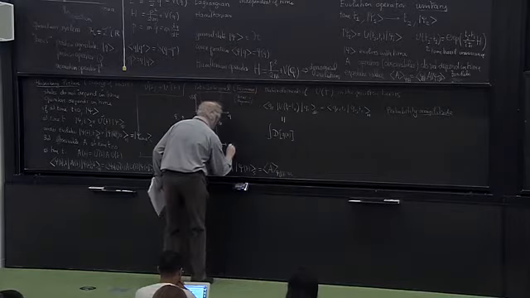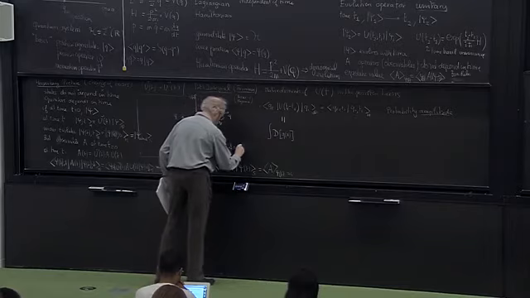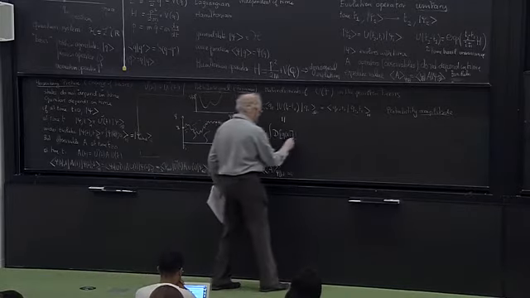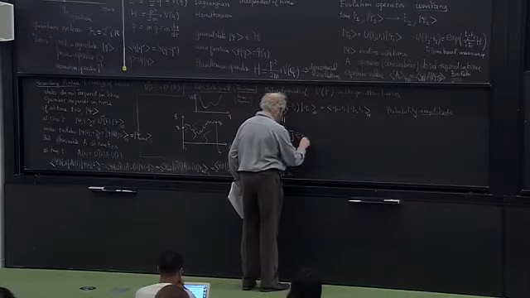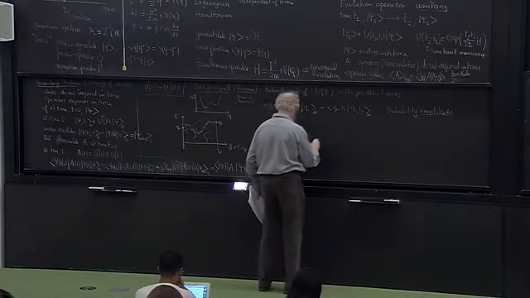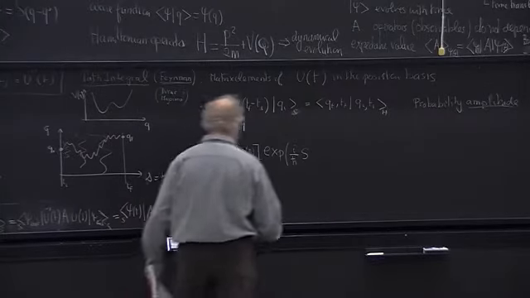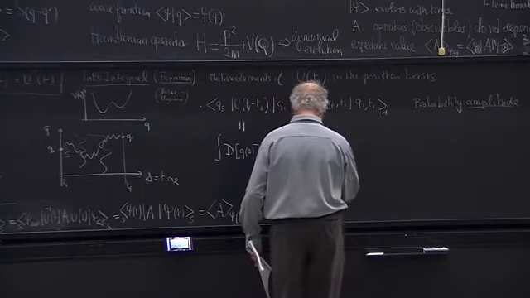So let me call s the time to make a difference between the initial and final configuration, of a phase factor which is exponential of i over h bar times the classical action for this particular trajectory.